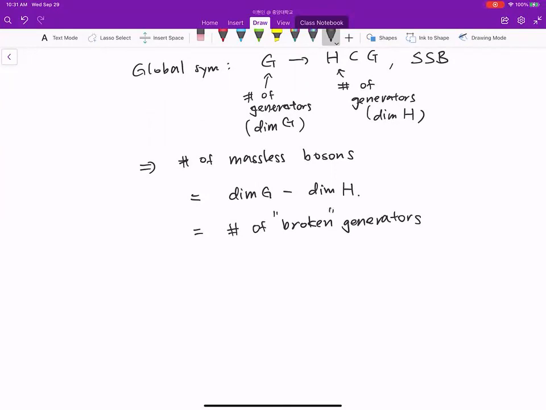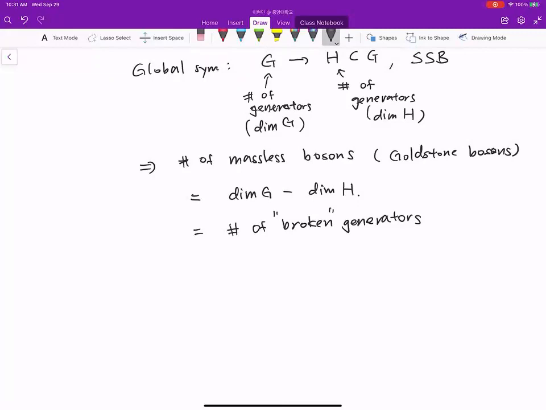And we call these massless bosons Goldstone bosons, Nambu-Goldstone bosons.